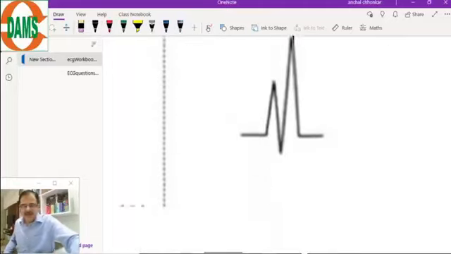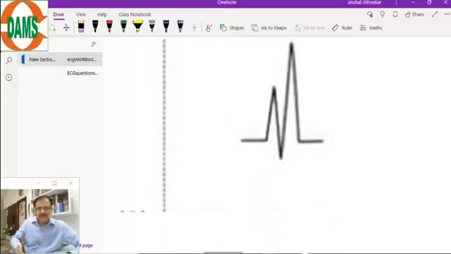Now come to the next example, and the next example I am taking just as an example. What will this complex be known as? This one. It is not a normal QRS.